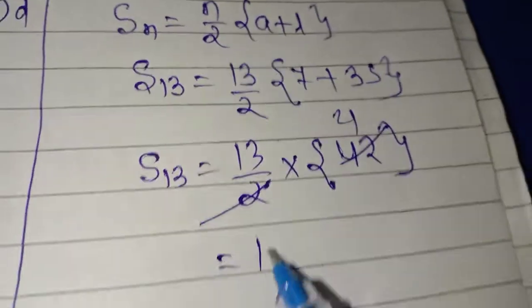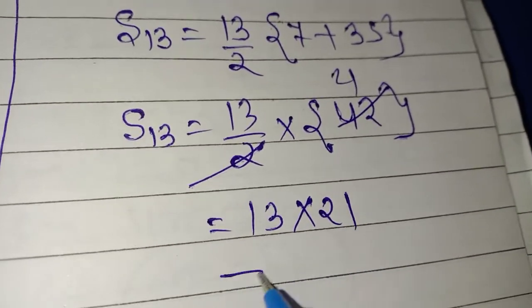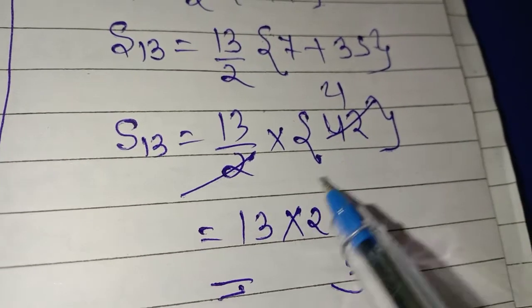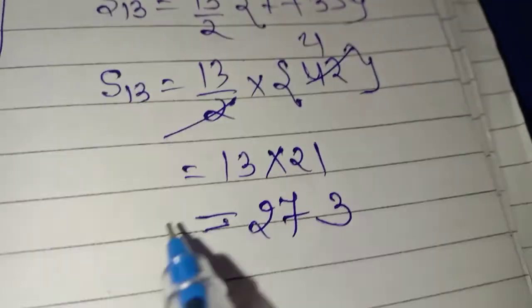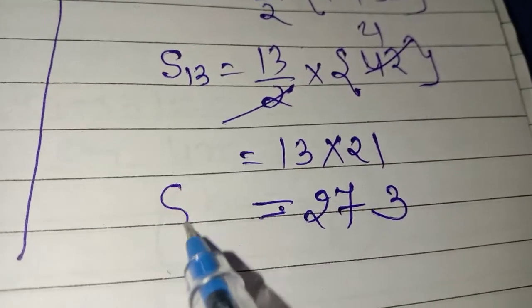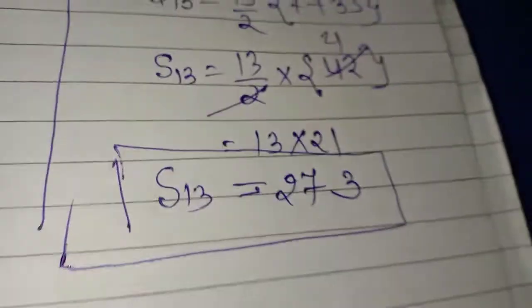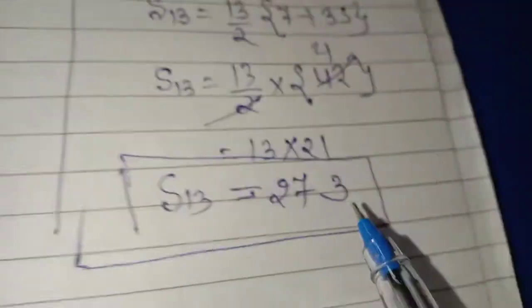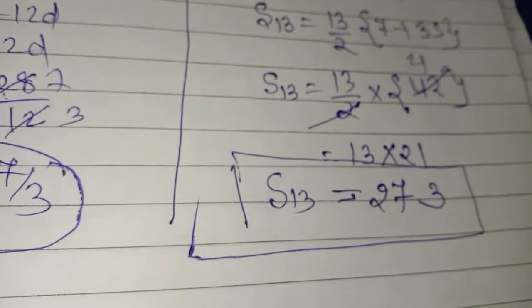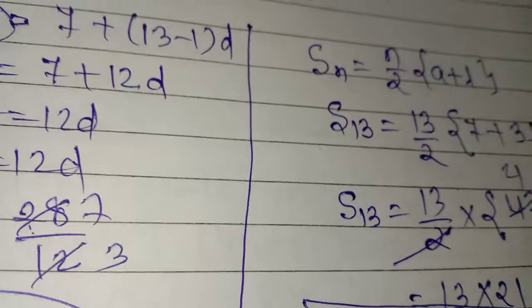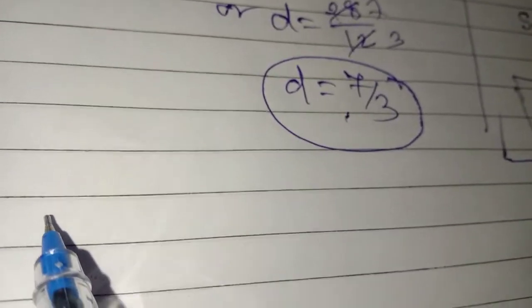So 13 into 21: 3 1s are 3, 1 3s are 13, 2 6s are 273. So we got the value of S13 as 273, and d as 7 by 3. So we have to follow the procedure and use the perfect formula to find the values.